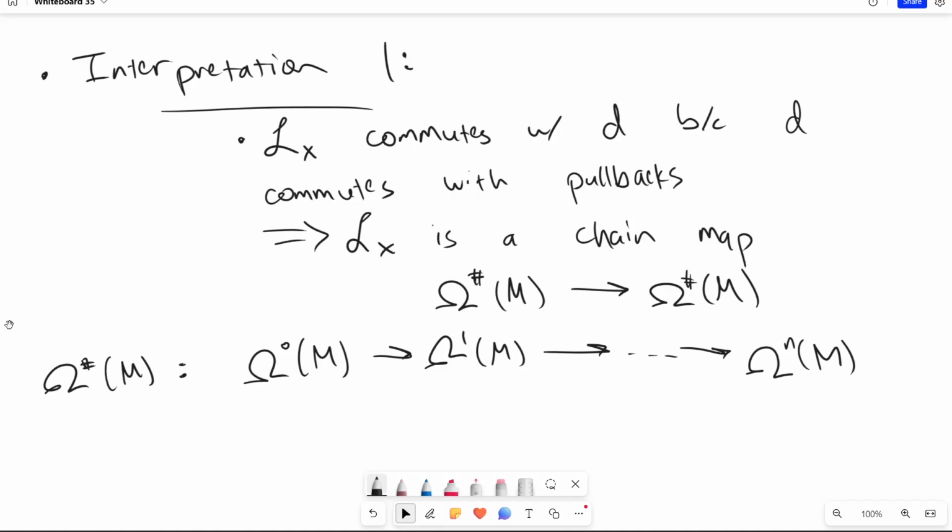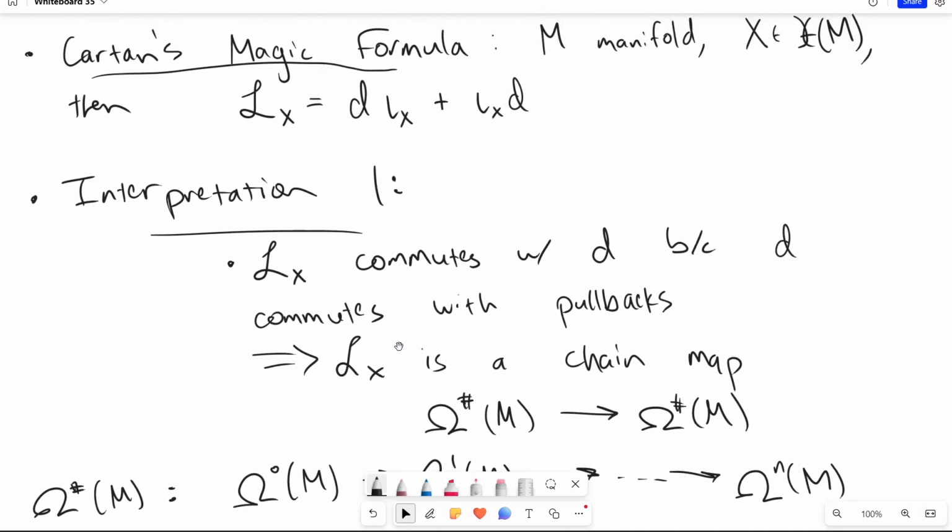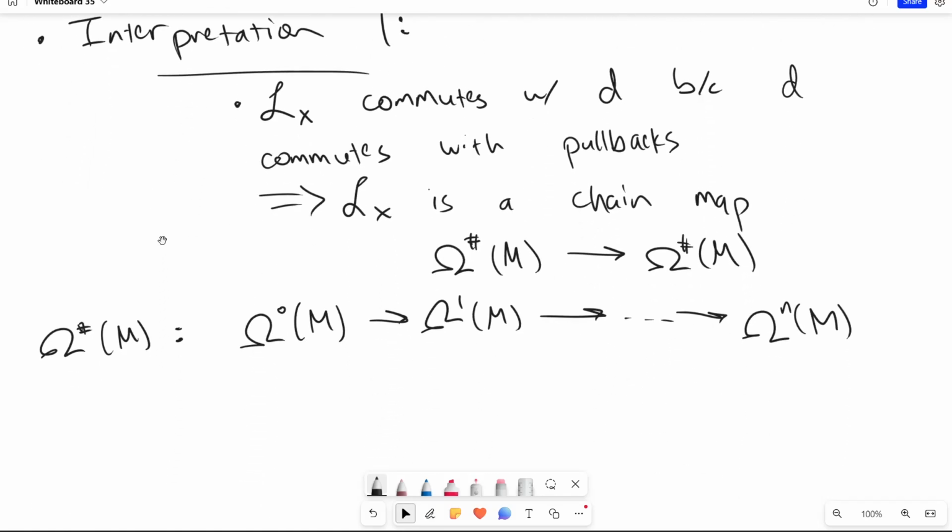So Lx being a chain map, if we interpret it that way, this picture right here, this formula, maybe if I rewrite like this, it's a little bit more suggestive. I can write it as Lx minus 0 is equal to d ix plus ix d.